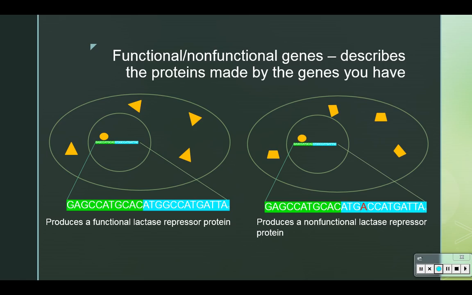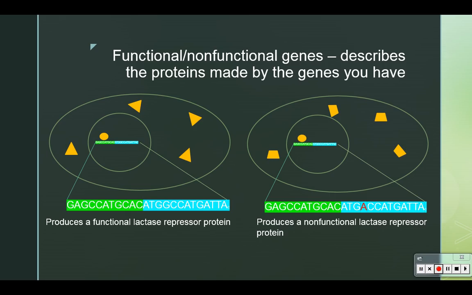But the big deal, I mean it is a big deal, is that then when this gene is transcribed and translated, instead of being this nice triangle protein, you get this sort of triangle with the top lopped off of it, right? So this is now a different shape, and the different shape now has a different function.